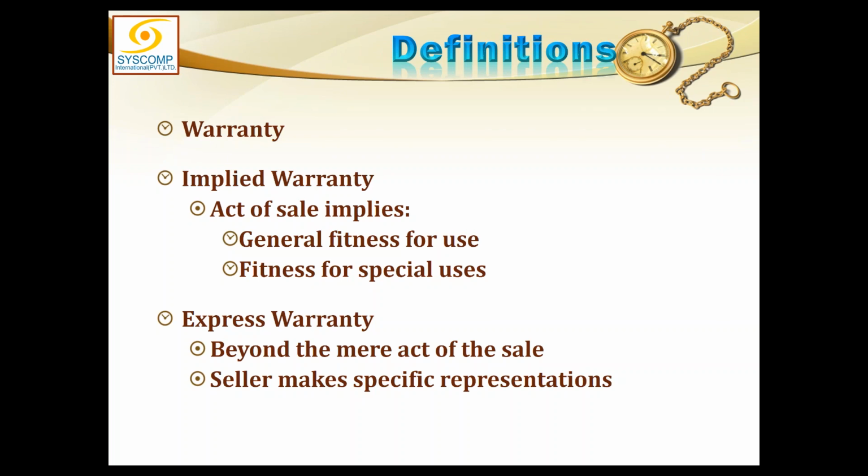If I buy this glass, and when I put a liquid in it, it leaks, that means it is not fit for general use or for any special use it is designed for. Therefore, this glass is to be returned, and the shopkeeper has to accept it back.